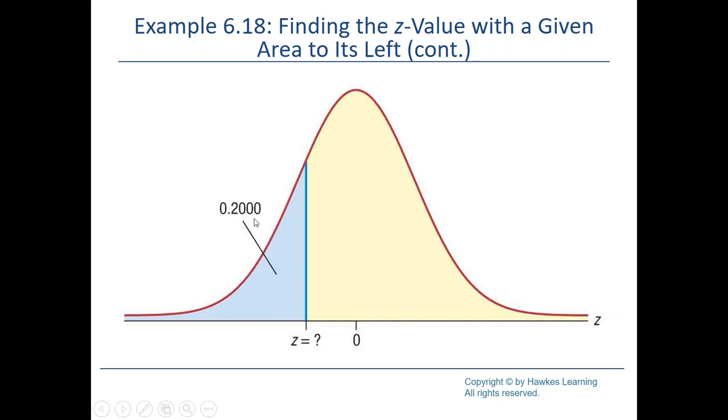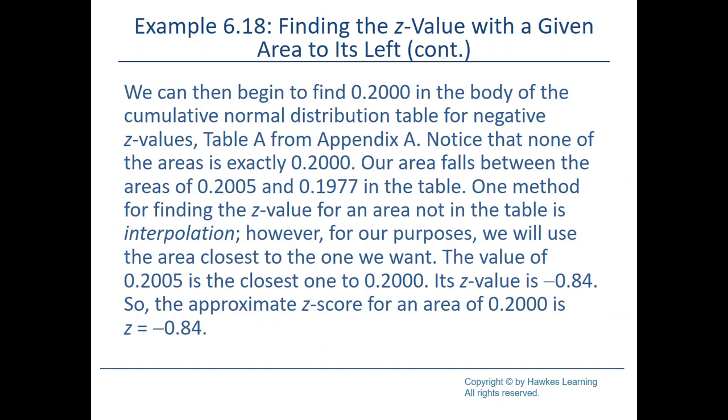0.2000. Okay. Now again, we can take a look at our nice lovely table here. Because I know that this area is 0.2000 and we're looking at the left of 0, this is going to be a negative z value, which means I will need to take a peek at the appendix that has all the negative z's on it. Now you'll notice that you're not actually going to find the exact z value.